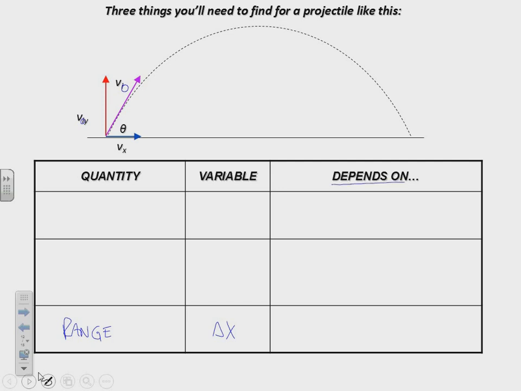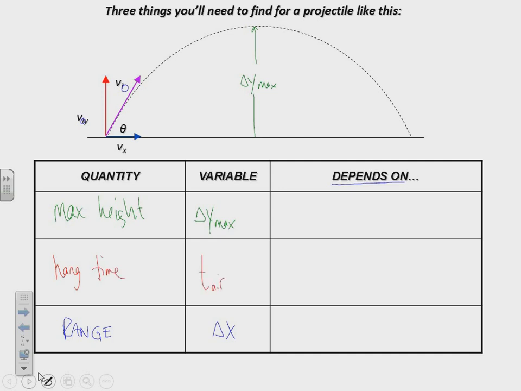Now, the other things you could be asked to find, what do you think? What do you see? Well, here's what we call delta Y max. So that's max height. The other one that we've talked about a couple times is, maybe we'll call it hang time, or time in the air.